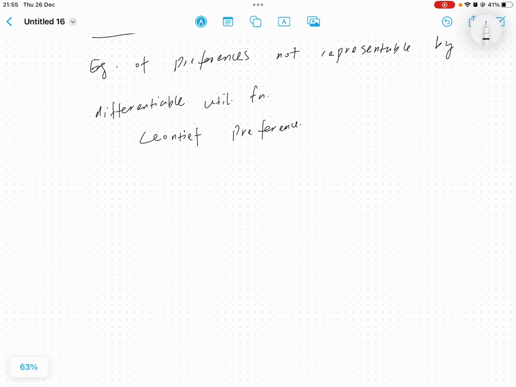Mathematically, Leontief preference is stated as follows.